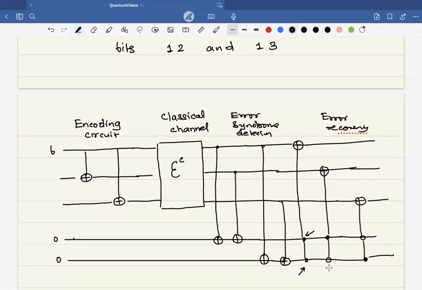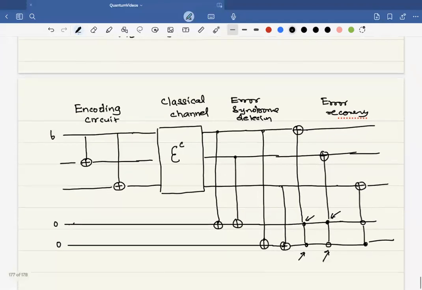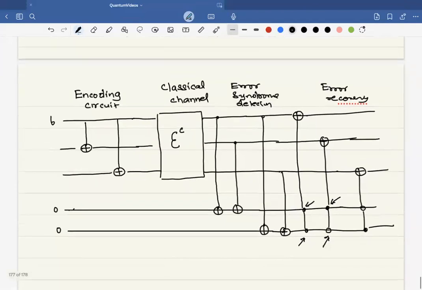Right. So this is sort of a gate that gets applied, the C0 gate gets applied if this bit is 0, whereas this is 1 where it gets applied if this bit is 1. Right. So this is the circuit that we would implement for the classical error correction.